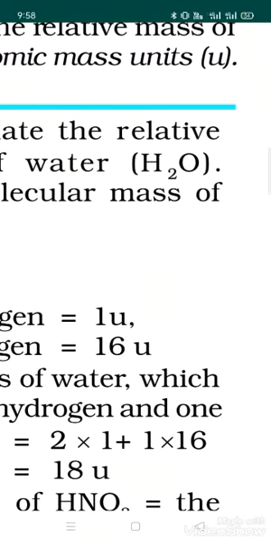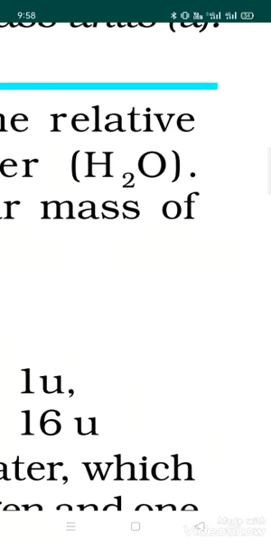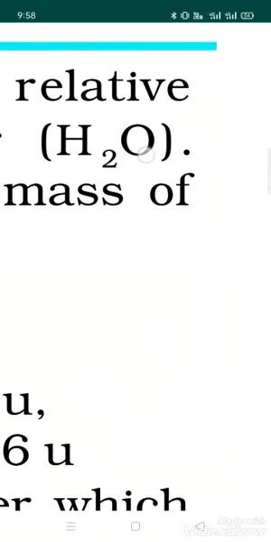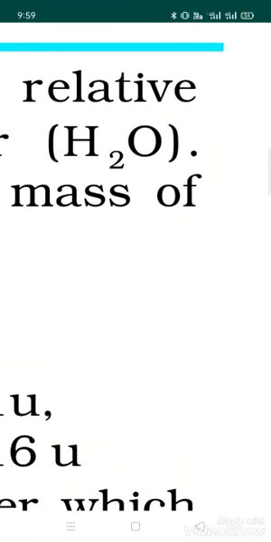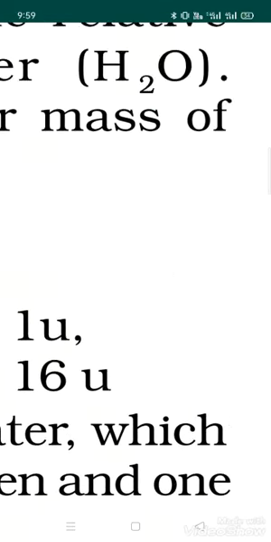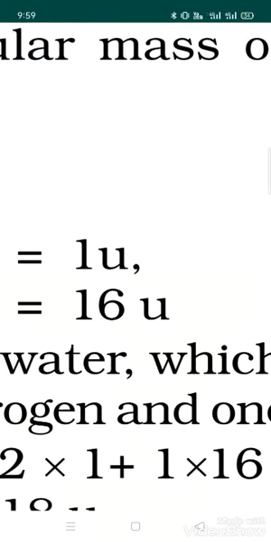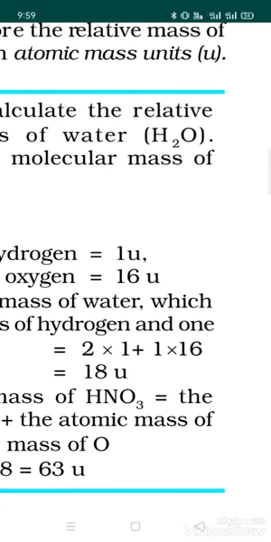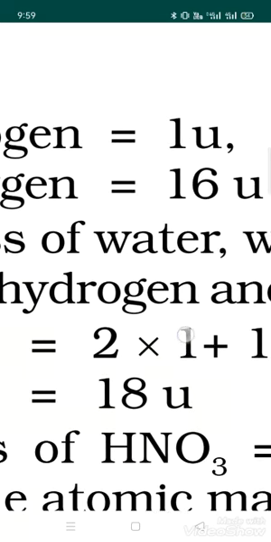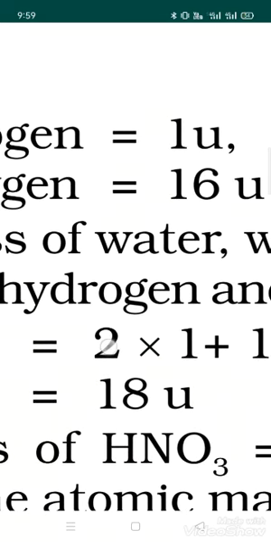Now another thing we have to consider is the number of atoms. You can see there is one oxygen and two hydrogen. So the mass of hydrogen will be multiplied with 2 and the mass of oxygen will be multiplied with 1 only, because there is only one atom of oxygen. So for oxygen we write 16, but the hydrogen is 2, so 2 is multiplied with 1, because 1 is the atomic mass of hydrogen and 2 is the number of hydrogen atoms.